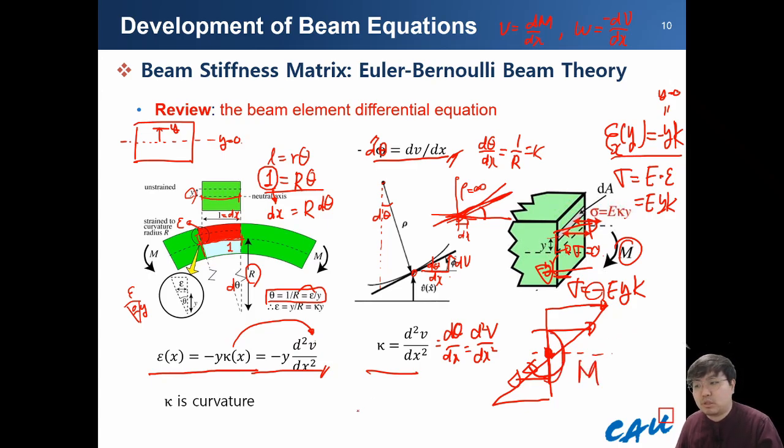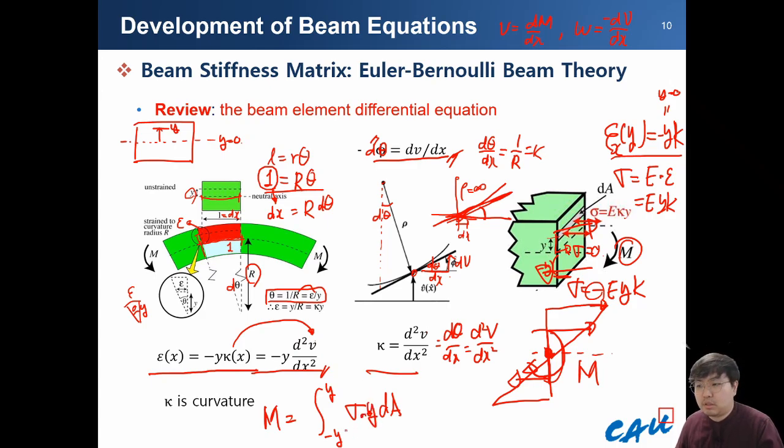How can you obtain the total moment? Actually, the total moment is a summation from minus y to plus y of the stress times the cross-section area element dA, times the moment arm, which is y.